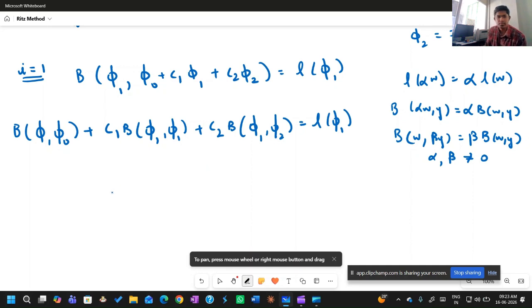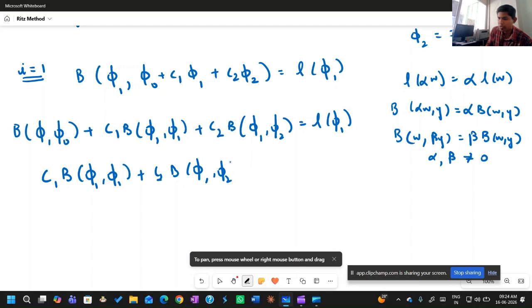Okay, so now we can say c1 bilinear function of pi 1 comma pi 1 plus c2 bilinear function of pi 1 comma pi 2 equal to linear function of pi 1 minus bilinear function of pi 1 comma pi naught. So this is the first equation.